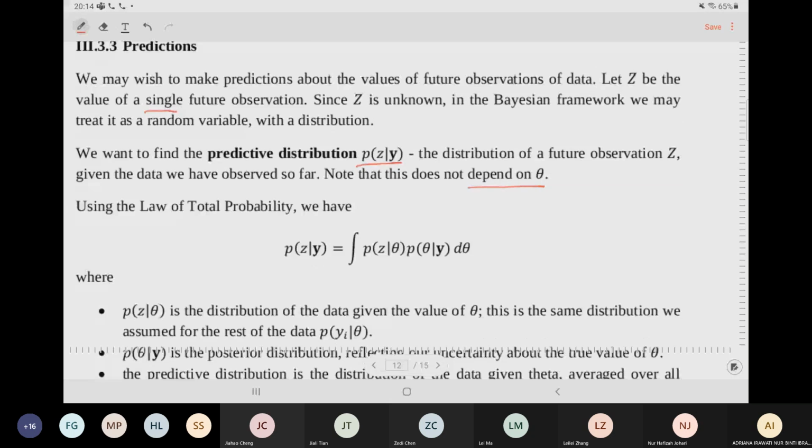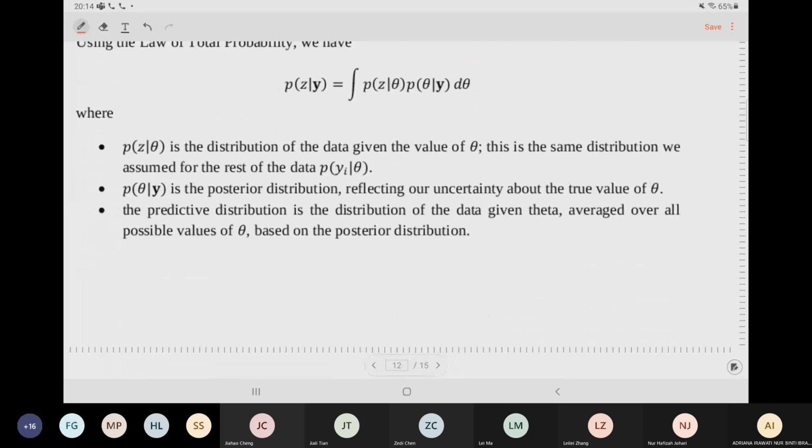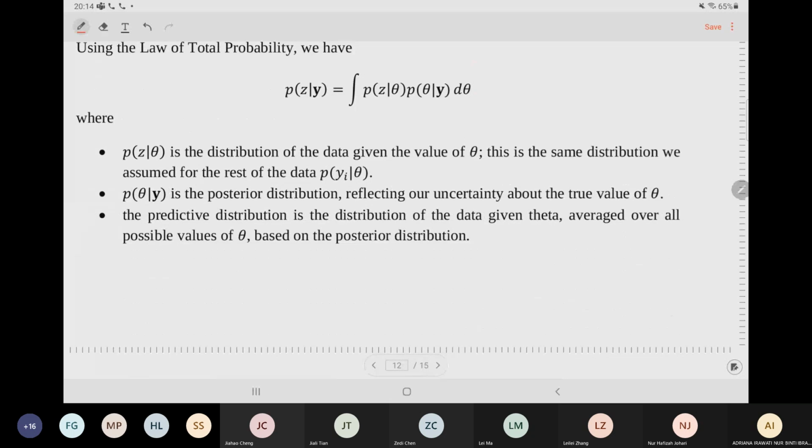Using the law of total probability, we can find z given y by using the joint distribution of z and the parameter theta. As I said before, because we assume the data come from the same distribution, the data z will come from the same distribution as the data y.